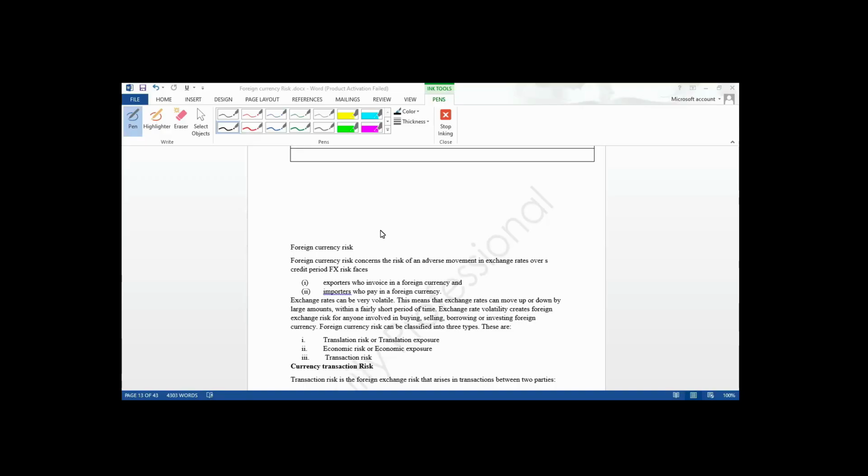Foreign currency risk will affect an exporter who invoices in a foreign currency, or importers who pay in foreign currency.